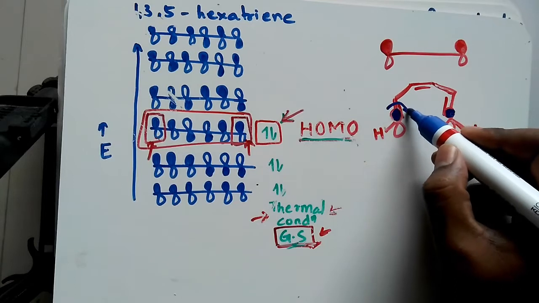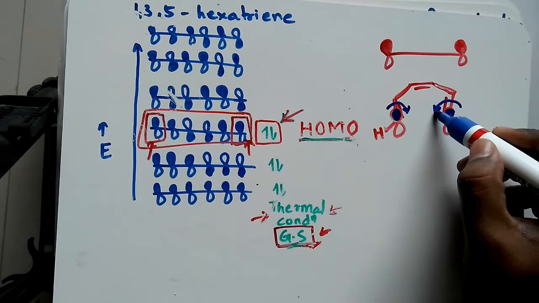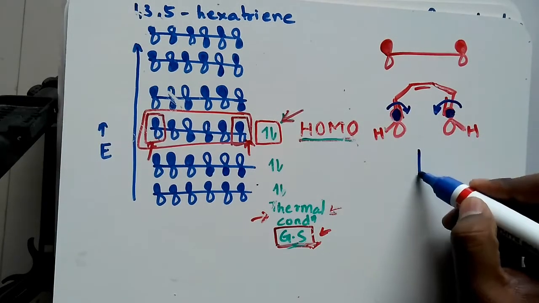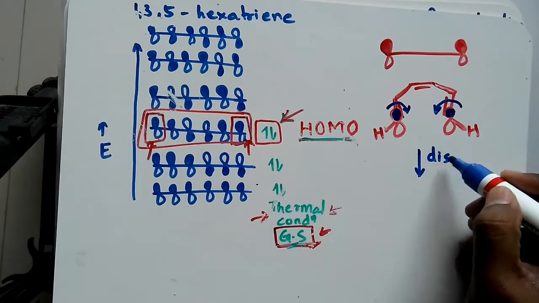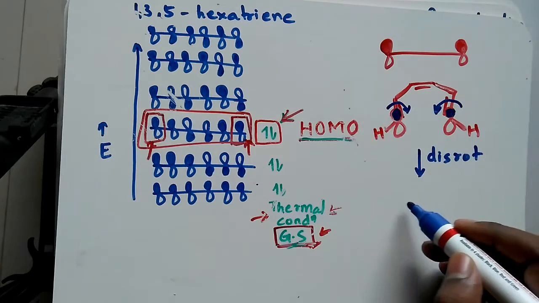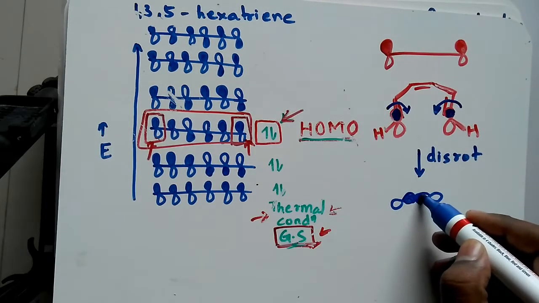If I rotate this in the clockwise direction and this in the anti-clockwise direction, see the motion: this is clockwise, this is anti-clockwise. So the motion is dis-rotatory, and this comes into contact and they will form the sigma bond.